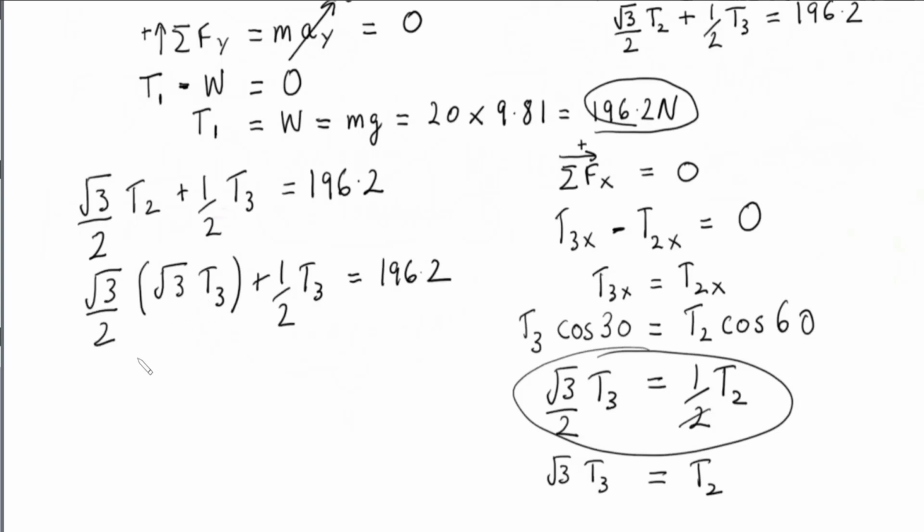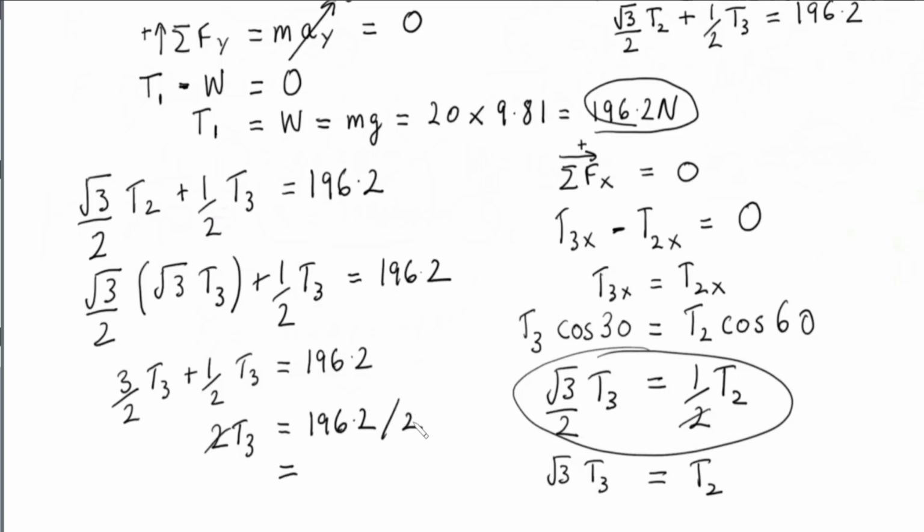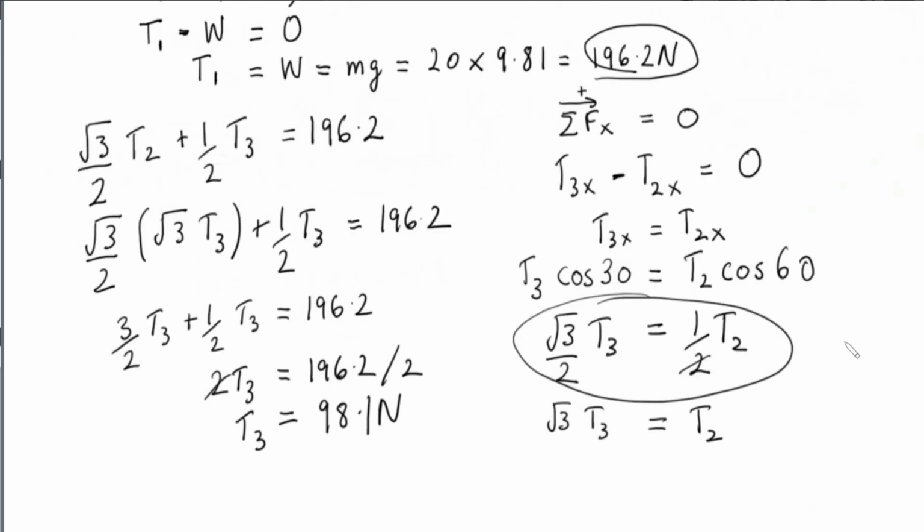And the square root times square root becomes a whole number, so we've got 3 on 2 T3 plus half T3 is equal to 196.2, which gives us 2 T3 is equal to 196.2. Take that to the other side, so we'll divide that by 2, and we get a force of 98.1 newtons.